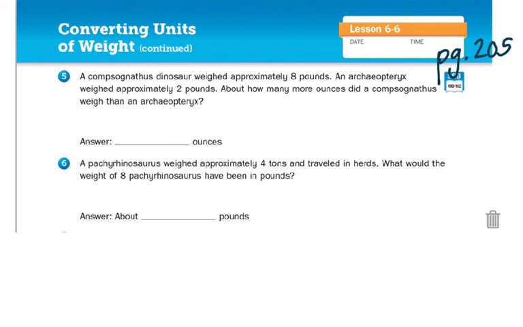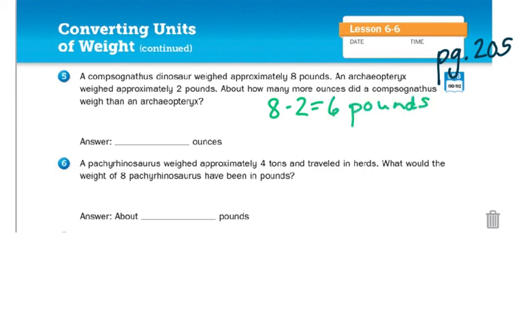About how many more ounces did that first dinosaur weigh than the second one? Not going to try to pronounce those again. So what we're doing is trying to figure out difference. So 8, if we take 8 and subtract 2, 8 minus 2 equals 6 pounds.